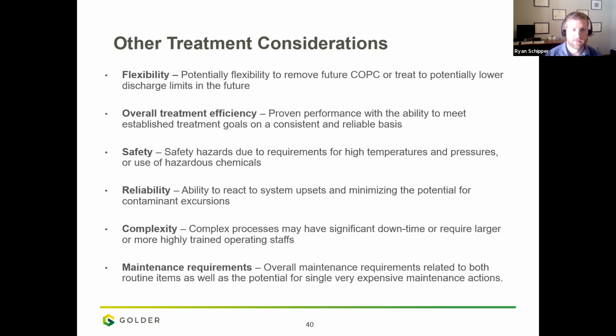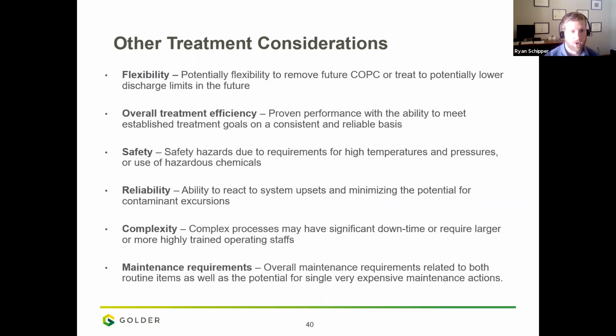Flexibility: whether or not the treatment system or your strategy can address potential future contaminants of potential concern, or maybe treat to potentially lower discharge limits. We've all seen the regulations and how a lot of them are pretty fluid at this point.